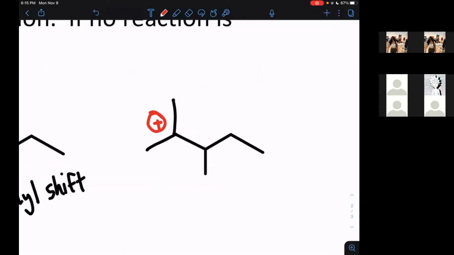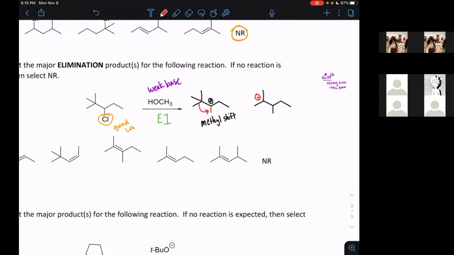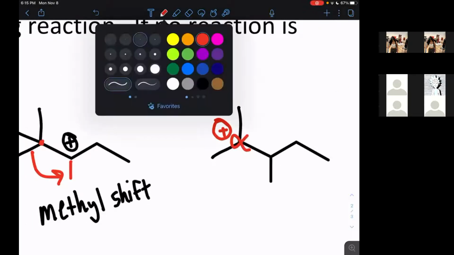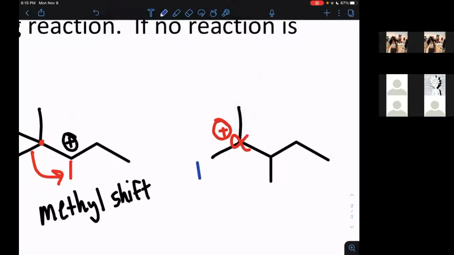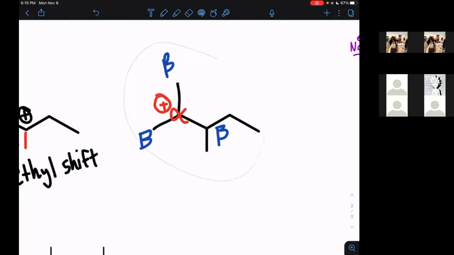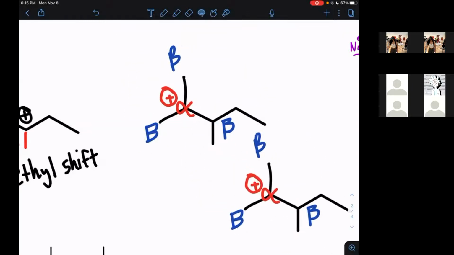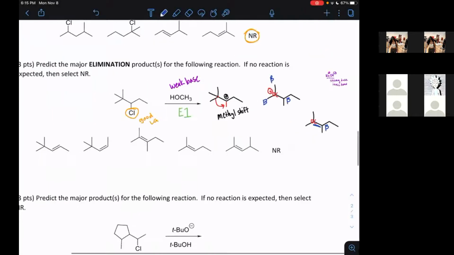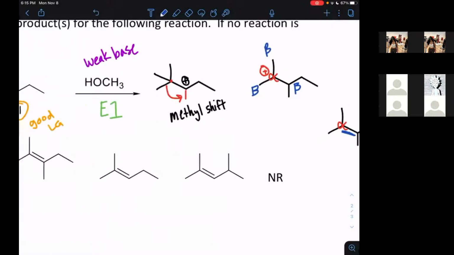And then from here, we're doing elimination, just to remember. So this one's going to be our alpha carbon now. And then possible beta carbons are all the surrounding ones. And the major one to form is going to be the one that is the most substituted. So that'll be the one between these two. So that's this one.